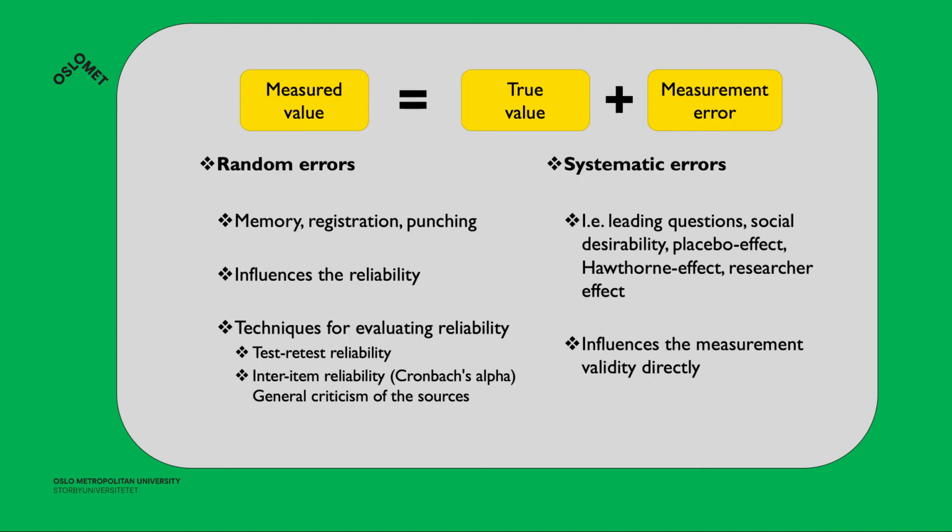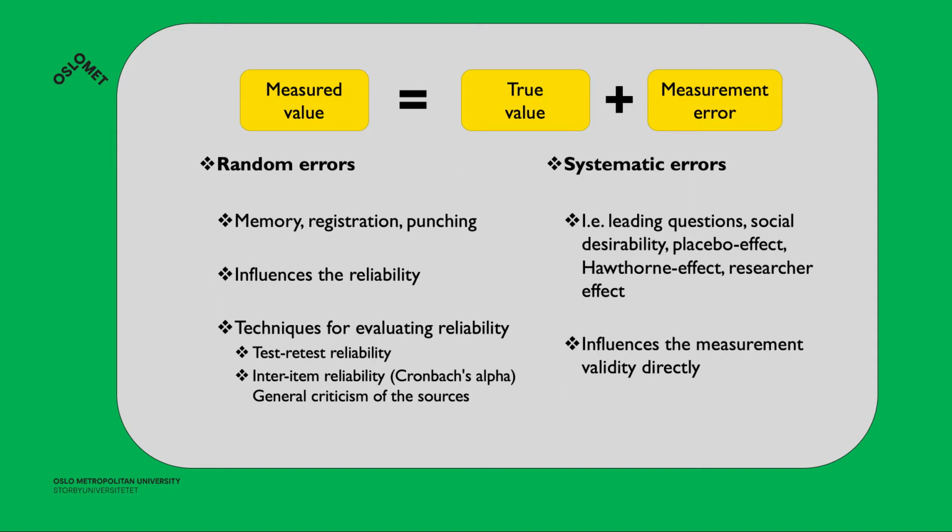That influences reliability in the sense that you get random errors, which means that you're not consistently measuring the same thing, but it's random, so it's not a big problem.